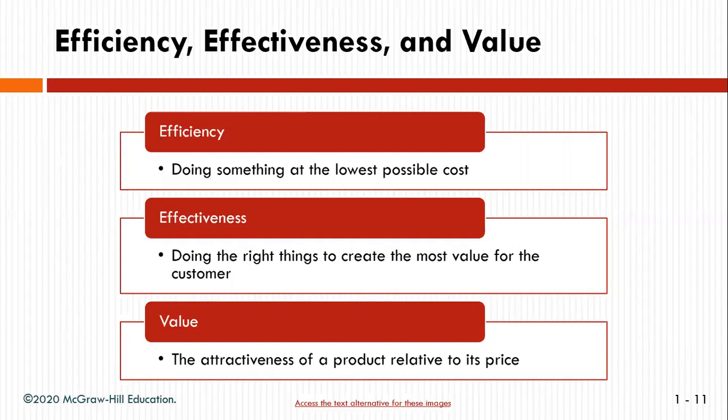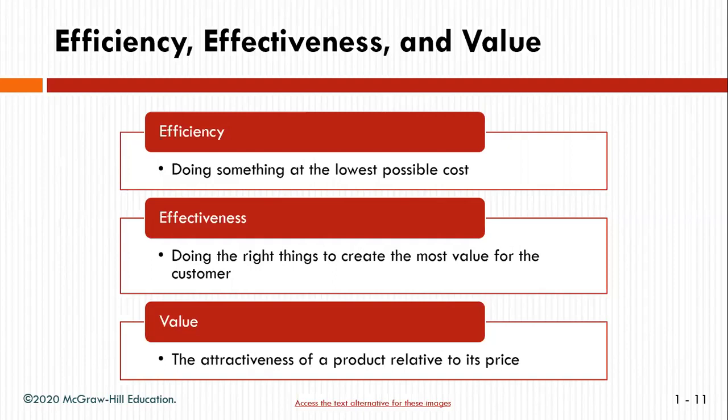Effectiveness is doing the right thing to create the most value for the customer. And value is basically what we pay dollars for the value perceived for it, so the attractiveness of a product relative to its price.